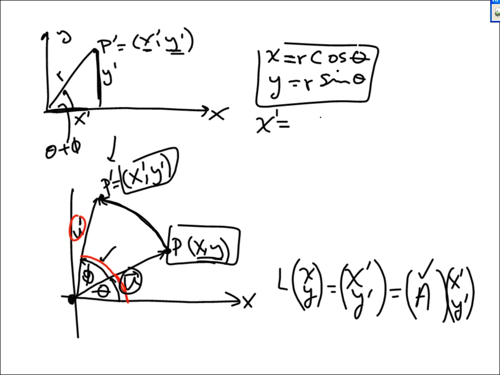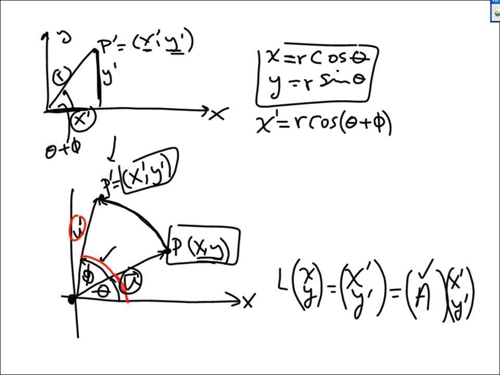So now, what is x prime? That is, what is the cosine of theta plus phi? Well, the cosine is x prime over r. I'll just put the r on the other side.